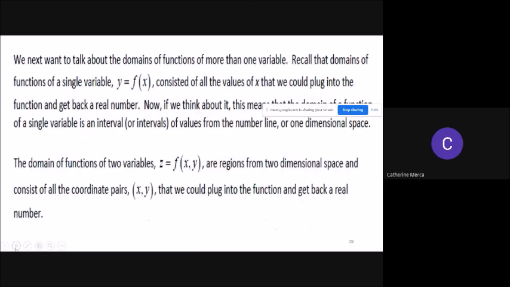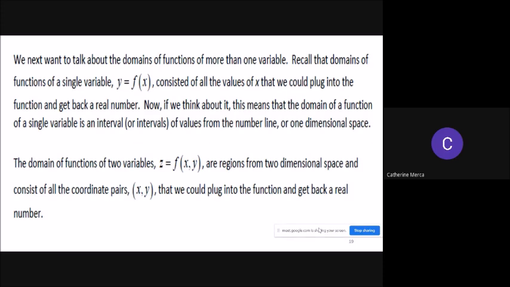So, let's take a look at this one. Next, we want to talk about the domains of functions of more than one variable. The domain of a function of a single variable, y equals f of x, consists of all the values of x that we could plug into the function.